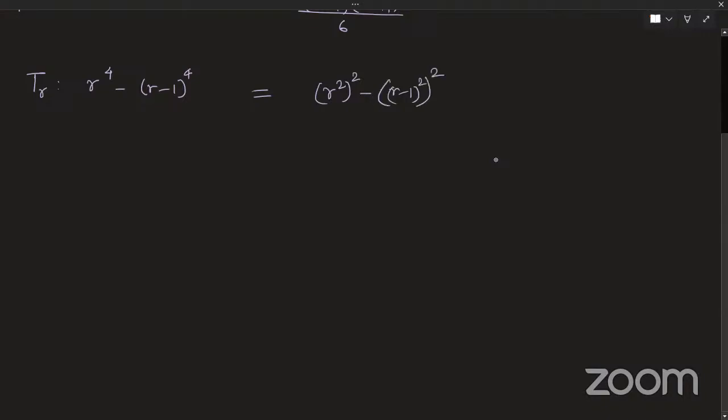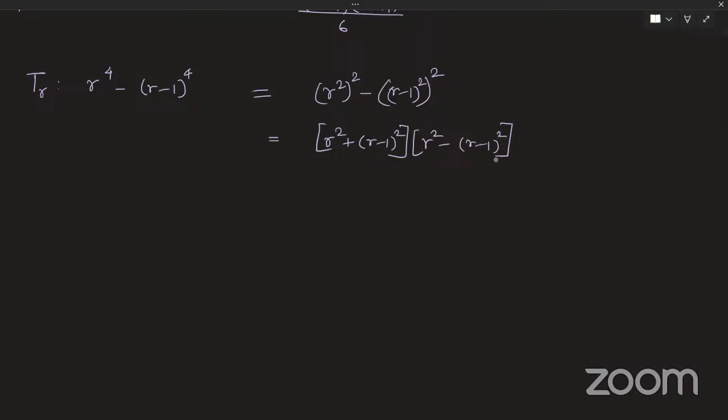So what do I do now? A square minus b square is a plus b into a minus b, right?